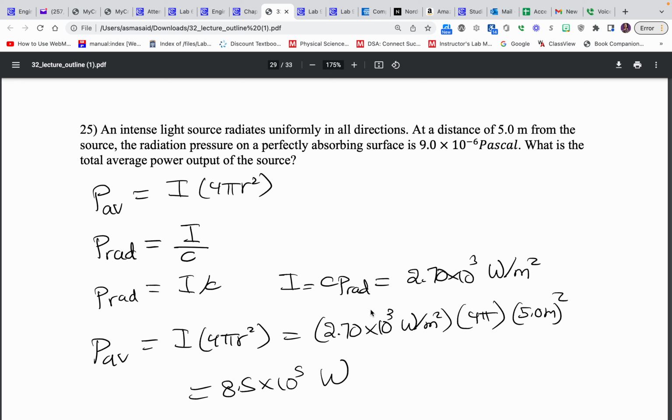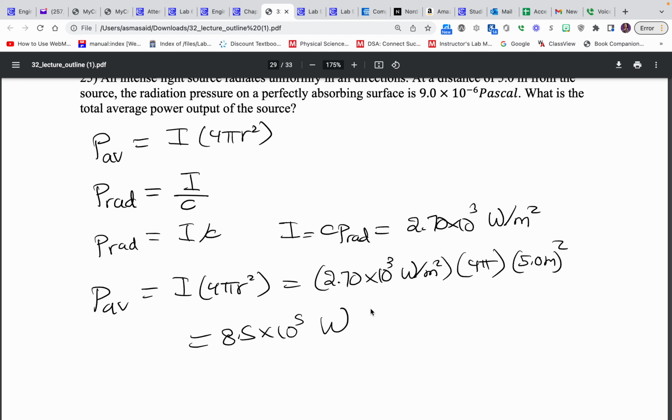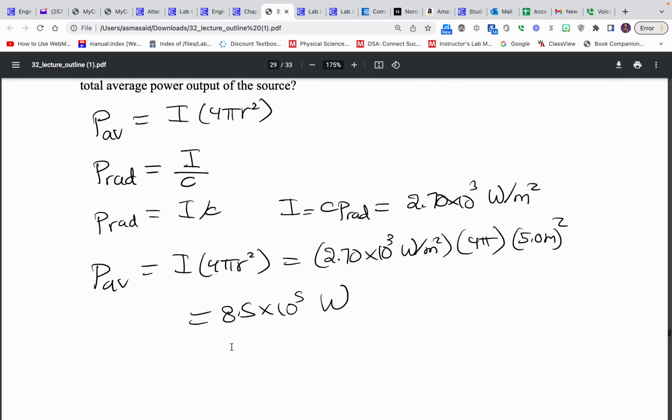From that, the intensity can be calculated as c times the radiation pressure. Then I can substitute that I into this equation, and the intensity times the surface area is going to give me the average power.